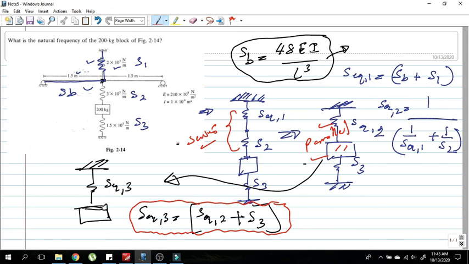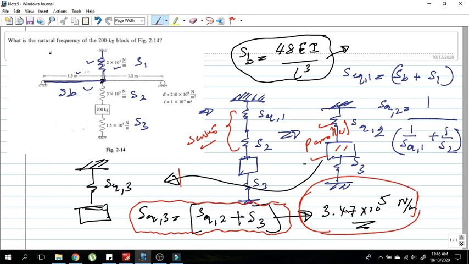So all the values are given here. If you plug in these values correctly, you should get the answer as 3.47 times 10 to the power of 5 newtons per meter. Okay, so this would be your answer. They're asking us to find the natural frequency of the 200 kilogram block. So you know the relationship between the natural frequency and the mass and the stiffness of a system.